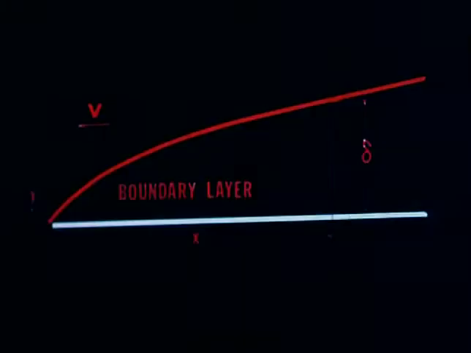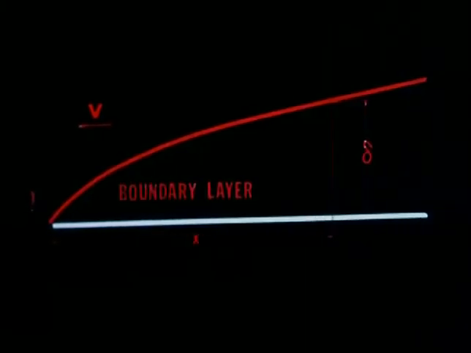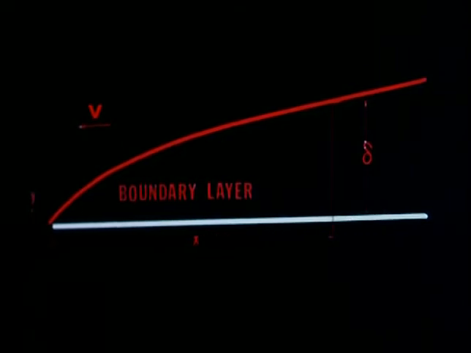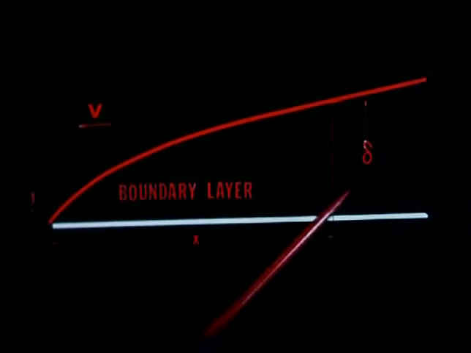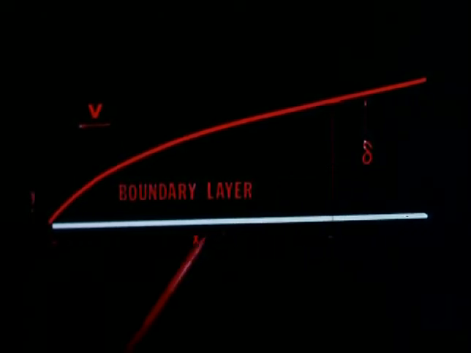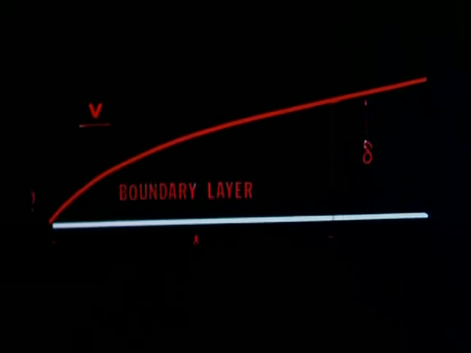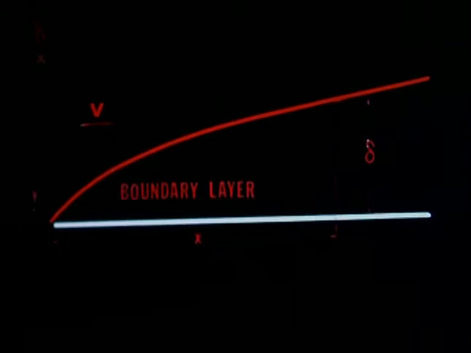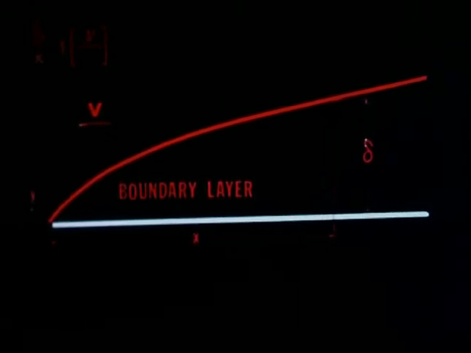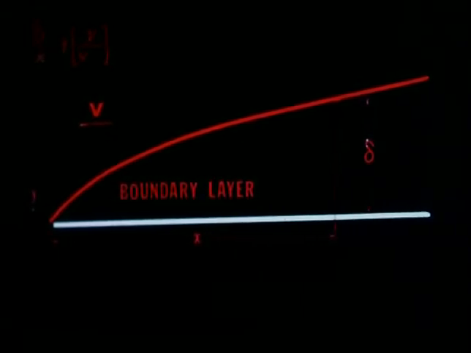When these factors influencing boundary layer thickness are combined, we find that the dimensionless boundary layer thickness, delta over x, depends inversely on the Reynolds number formed using the distance x from the leading edge as length parameter.